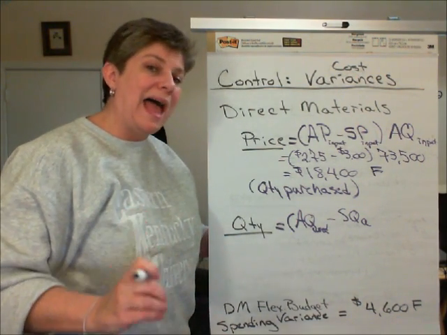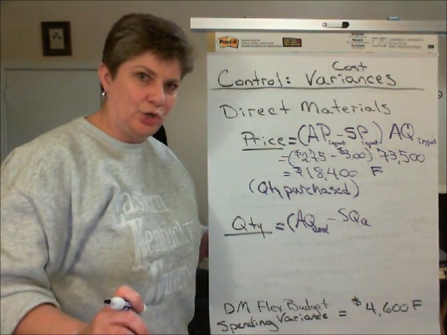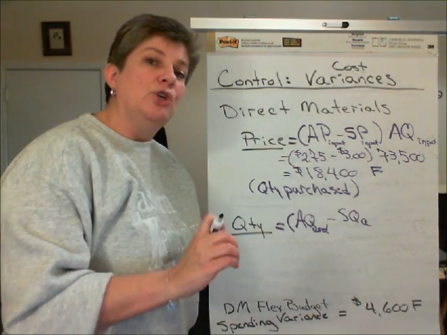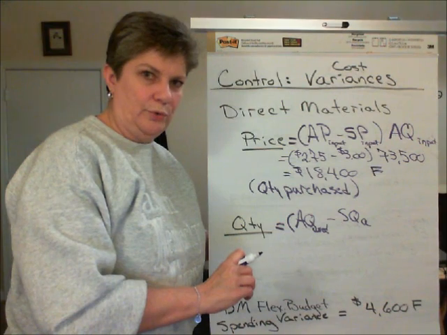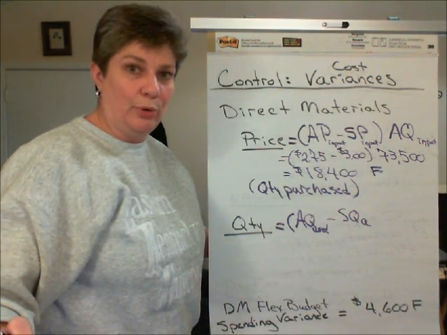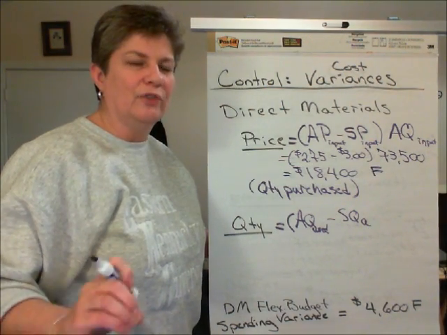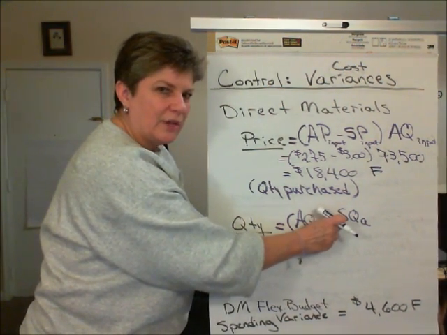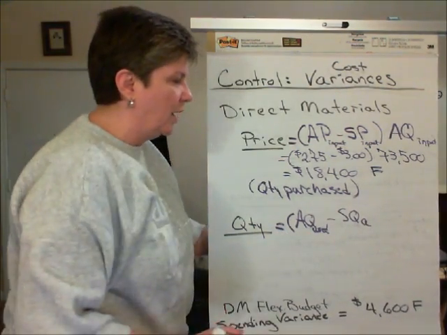Allowed for actual production. Remember our standards. How much materials should have been used to produce the actual output, the actual 23,000 units. So we're going to have to calculate this number, this standard quantity allowed.